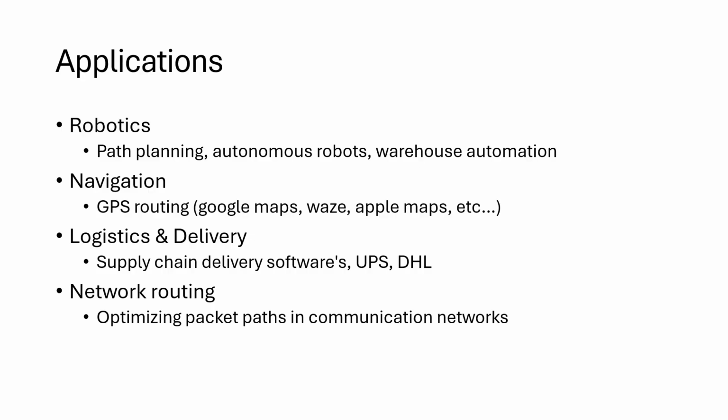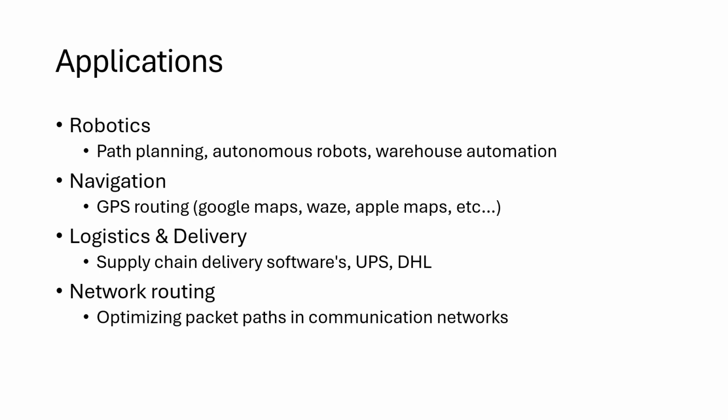So a couple of applications of the A-star algorithm is, first off, in robotics. We can use this to plan our paths, create autonomous robots, and create warehouse automation. The second application is in navigation. We can have GPS routing applications like Google Maps, Waze, and Apple Maps that make routing more efficient for our daily users. The third application is logistics and delivery.